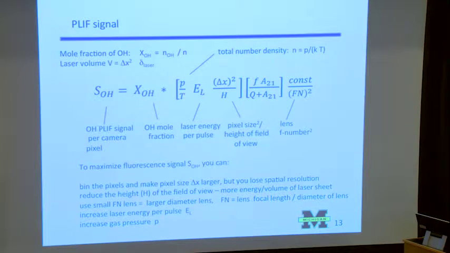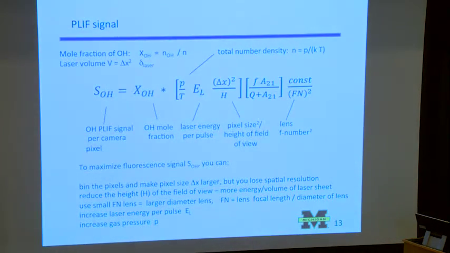So energy per pulse and height of the laser sheet, h, appear. The total number density multiplied by the OH mole fraction gives you the number density of OH. And so if you put that in, you have a P over T factor.